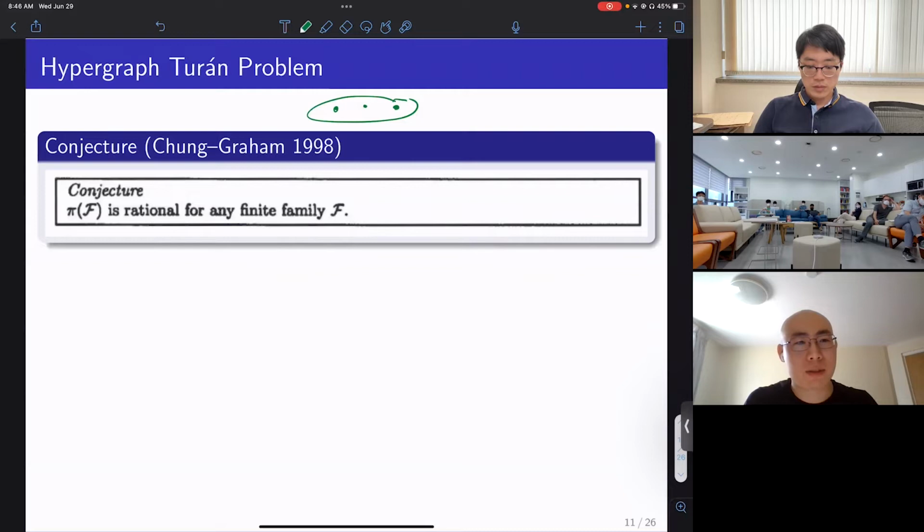So for hypergraphs, it's much more complicated. Like 20 years ago, people were still asking questions like this: does there exist a finite family of 3-graphs whose Turán density is not a rational number? Why rational numbers?